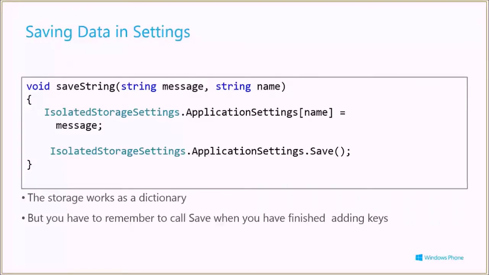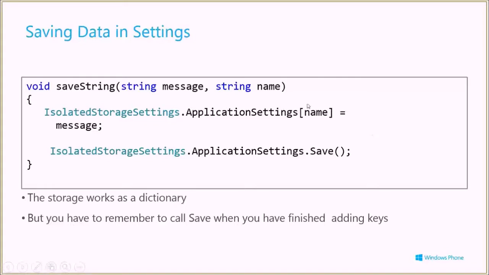So saving data in settings is pretty simple. You set values just like in any other key value dictionary. You use the isolated storage settings class, and inside that class you use the object application settings, then you specify the name and assign the value to that key. So we have here a key, which is the name, and a value for that key, which is the message. For example, the name, and the message would be for example Mohammed.